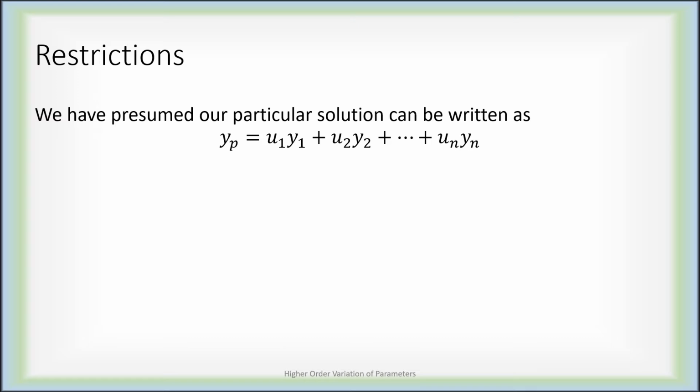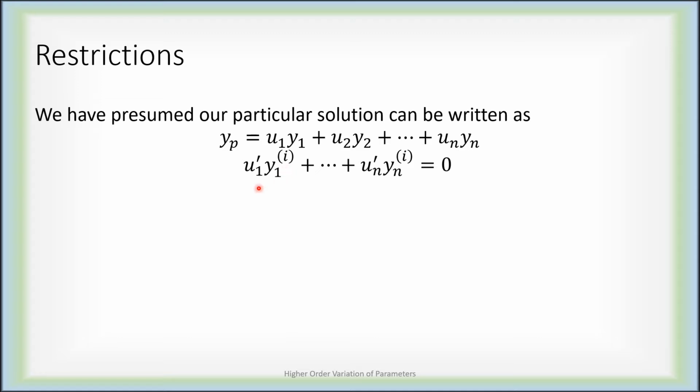So let's just refresh. We assumed our particular solution took this form. Then we assumed that various sums of this form were always equal to 0. But for which index i did we make this assumption? Now, if i is 0, this allowed us to conclude that yp prime was particularly nice. When i was 1, it allowed us to conclude that yp double prime was particularly nice. We want to make enough assumptions so that up to the n minus first derivative of yp are particularly simple.